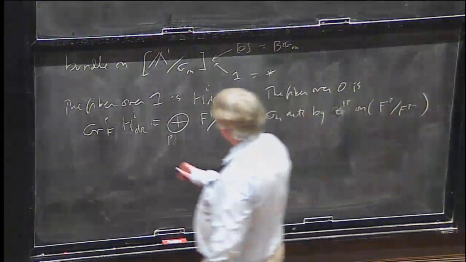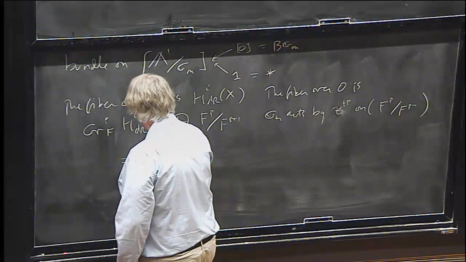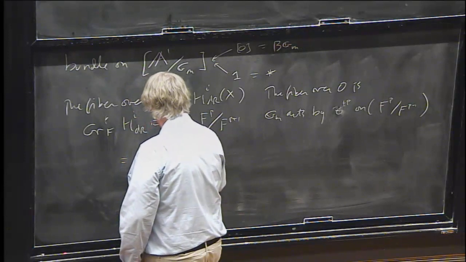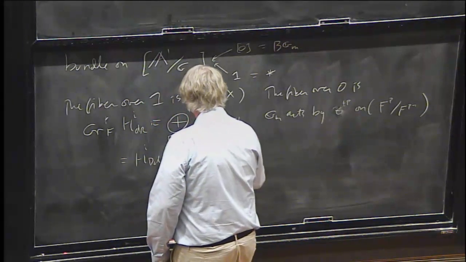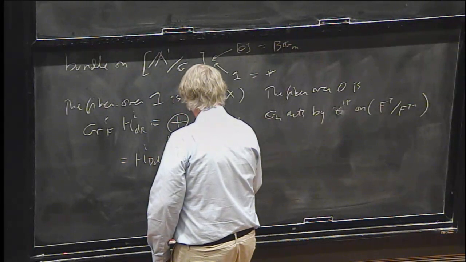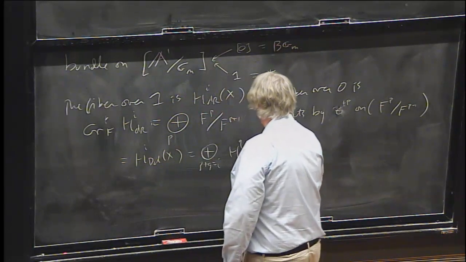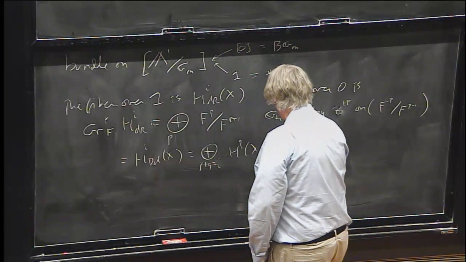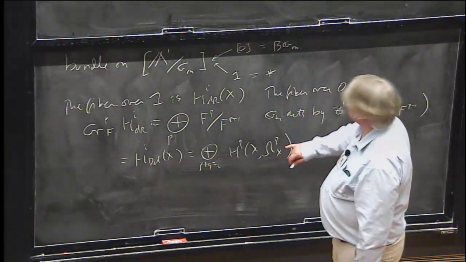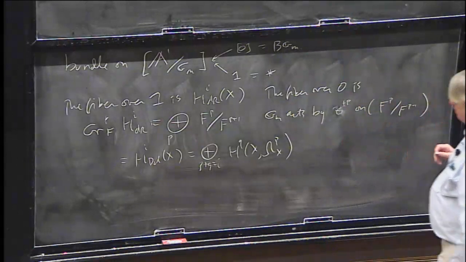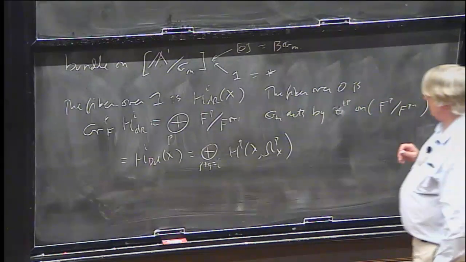And this is actually what's called the Dolbeault cohomology, which is just the direct sum over p and q of H^q of X, omega^p. So this is what you get when you put the differential equal to 0.